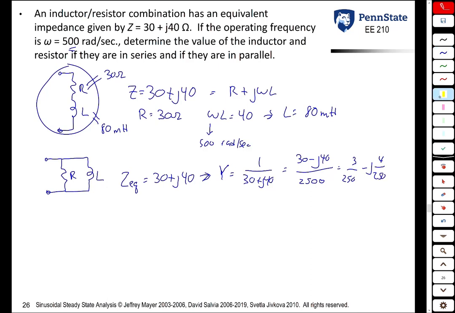If you don't remember how we get to this point, you get that by multiplying this expression by the conjugate of the denominator over itself. Doing this makes the denominator totally real, and we get 3 over 250 minus j4 over 250.